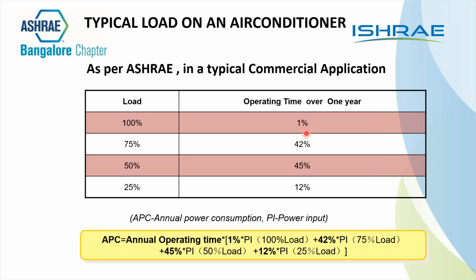So 1% of 270 days is 2.7 days, and 2.7 into, let us say, a 10 hours operation, that means 27 hours only is your 100% load required in an office space or a commercial application.